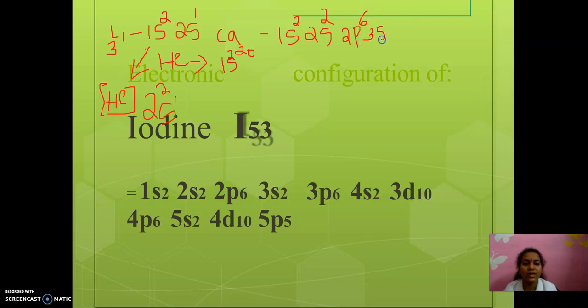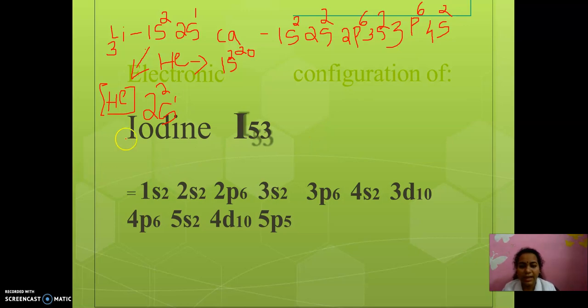So how many electrons are arranged? 2 plus 2, 4. 4 plus 6, 10. 10 plus 2, 12. So 8 more electrons are there. So 3p6. So 12 plus 6, 18 electrons are arranged. After 3p, it is not 3d, it is 4s. According to the rule, it is 4s2. So this is calcium.